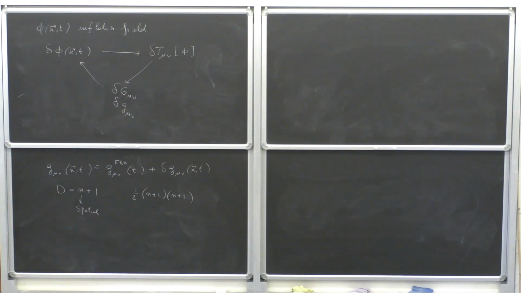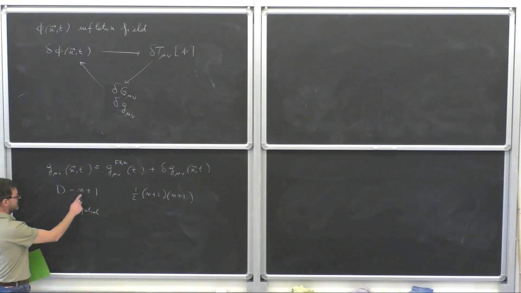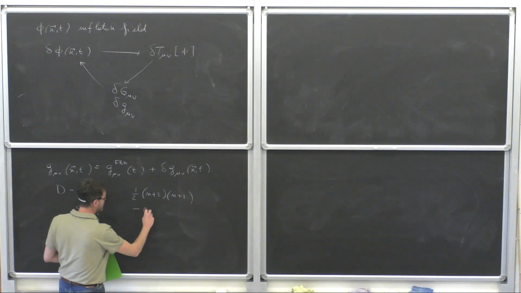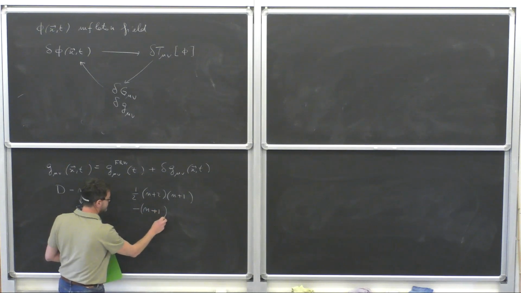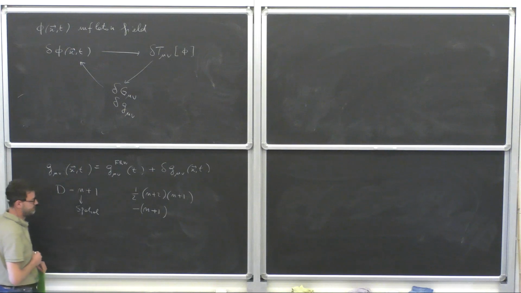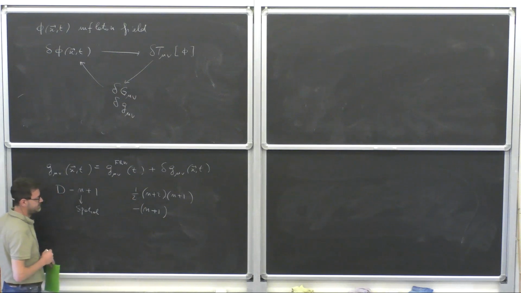On the other side, we know that in general relativity, we have the freedom to make a coordinate transformation of all the coordinates. So I have the freedom to do n plus 1 coordinate transformations. So I remove n plus 1 here, because by gauge transformation, in fact coordinate transformation, I can remove n plus 1 degrees of freedom. Okay? So that is the physical degrees of freedom that are contained in the metric.